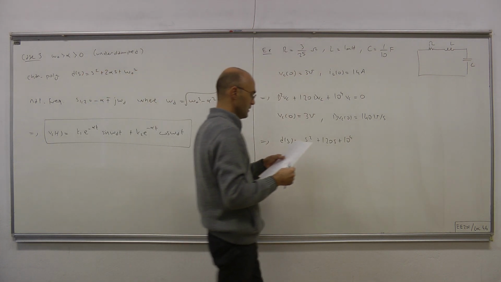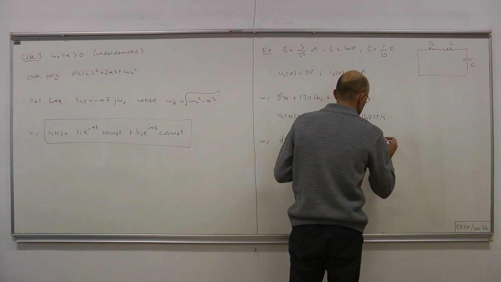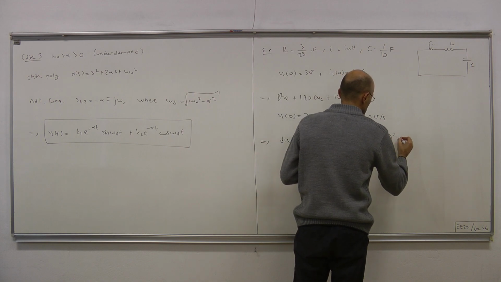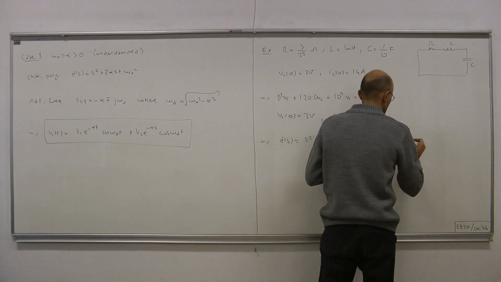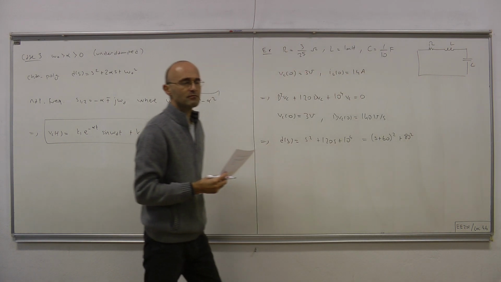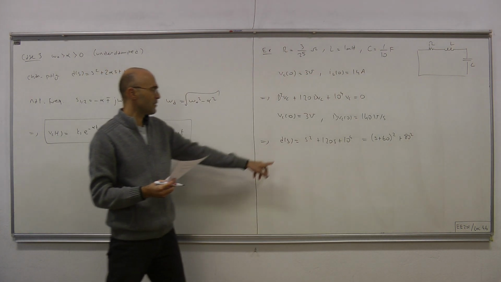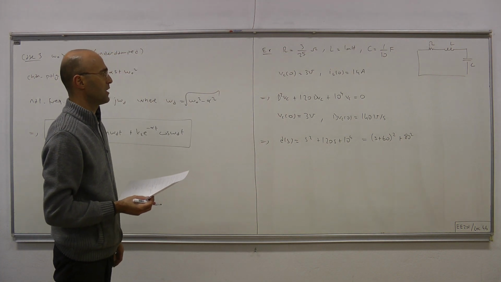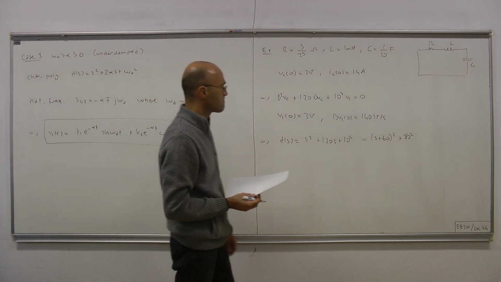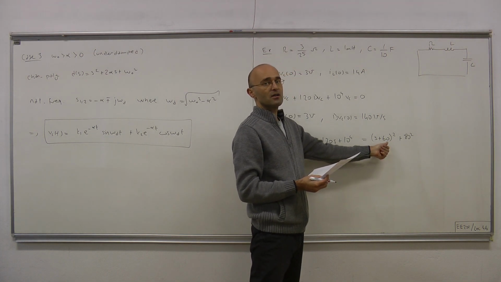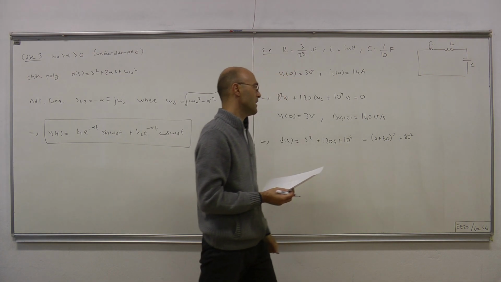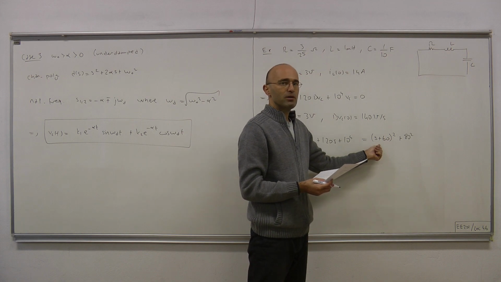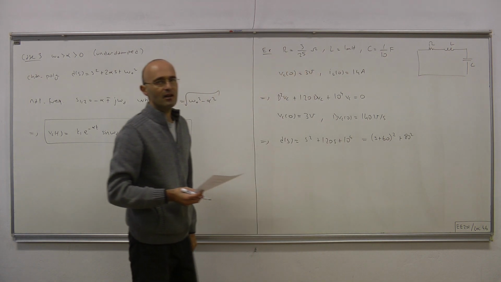And that can be written as (s plus 60) squared plus 80 squared. Okay. And if you solve the equation D(s) equals 0 to get the natural frequencies, to get the roots, you have a complex solution. The roots are at minus 60 plus minus j 80.